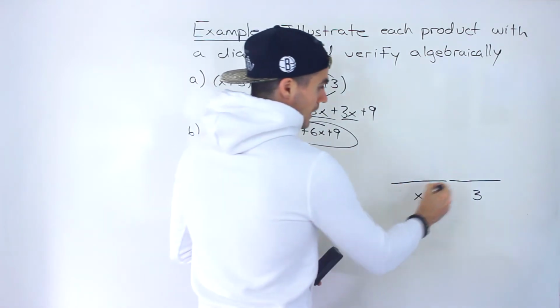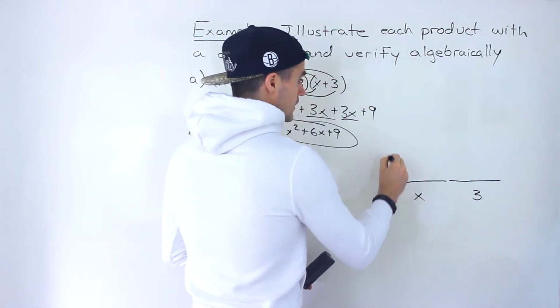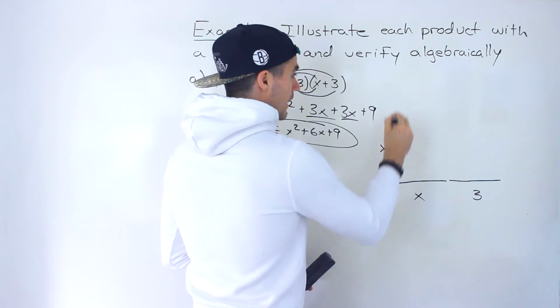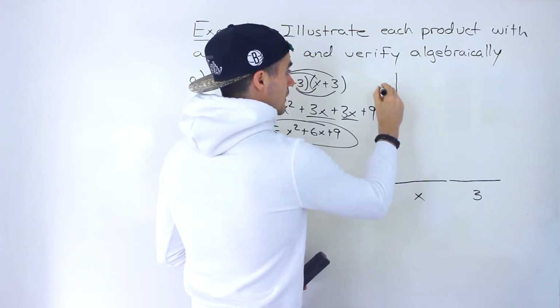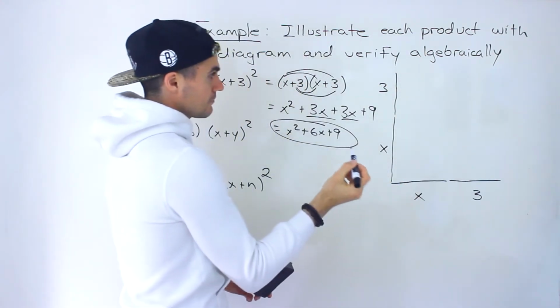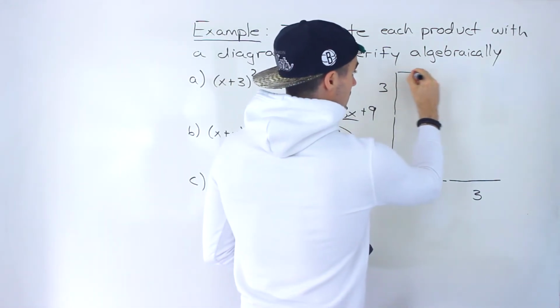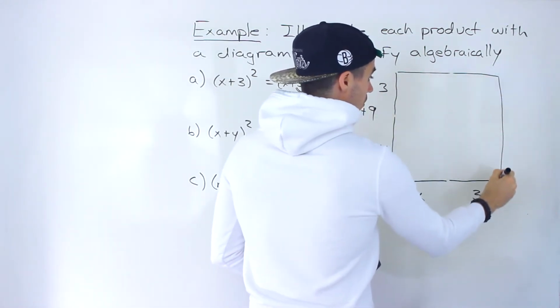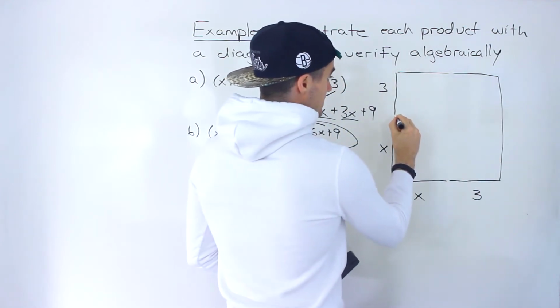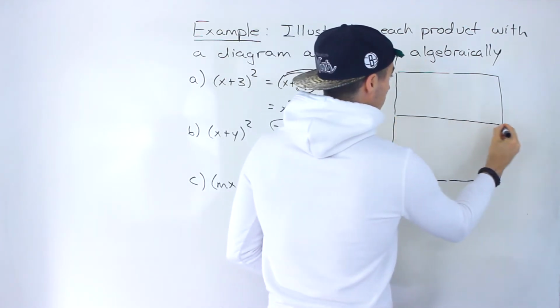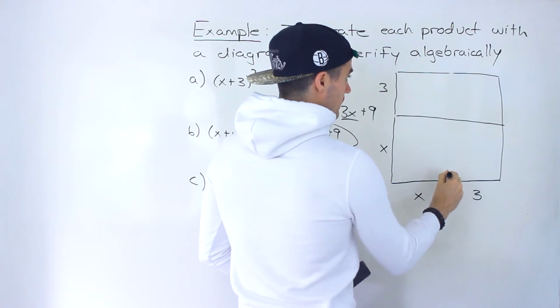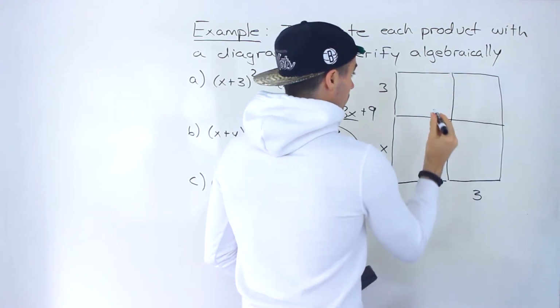Over here we've got x and 3, and what we've got to do is create something like this where we've got x and 3. Then, like we did with algebraic tiles, we create a large rectangle, and any spaces here we create a horizontal line, and any spaces here on the base we create vertical lines.